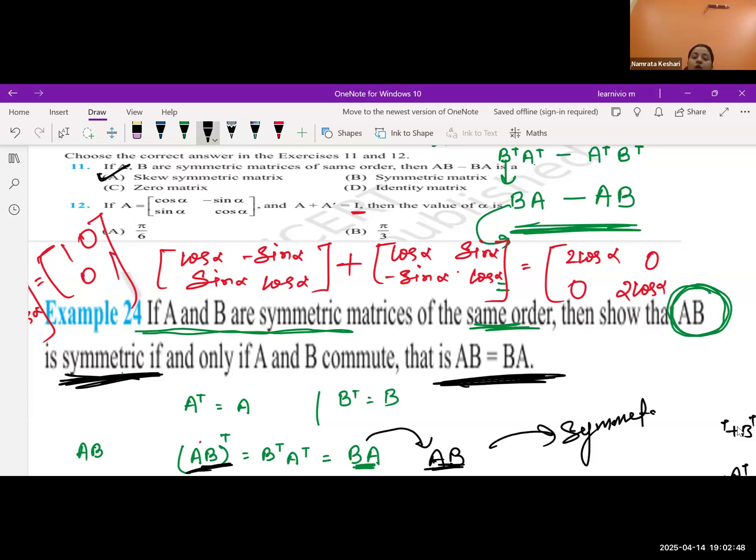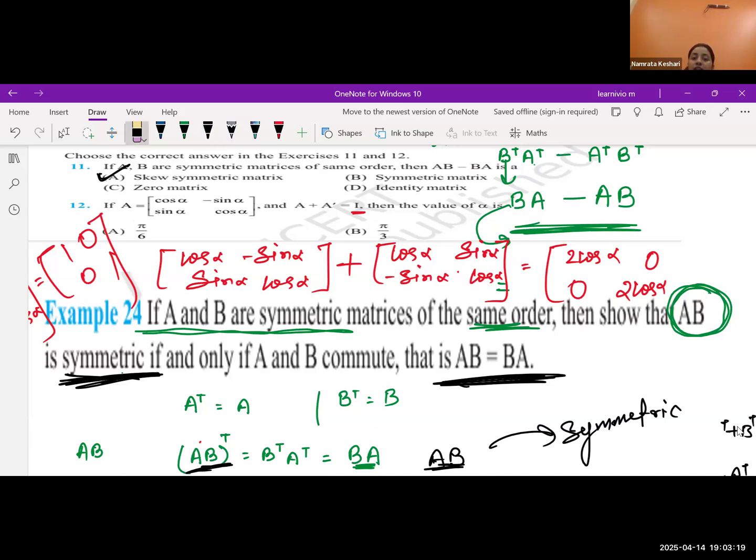Yes, ma'am. So here we will write that yes, AB is symmetric if and only if AB is equal to BA, right? Because we understand in matrices it doesn't always happen. A into B and B into A is not the same. The multiplication of two matrices may be the same, may not be the same, but we cannot always say it will be the same.